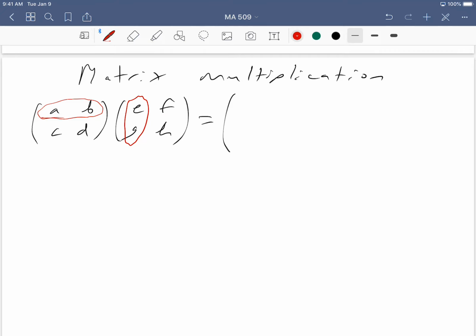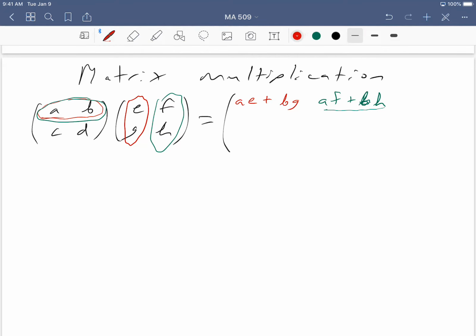So the dot product is you multiply the corresponding entries, so A times E, and add the B times G, the corresponding second entries, like that. If I want to do the first row, second column entry of my product, I'm going to do the first row, second column of my two matrices. So I get AF plus BH.